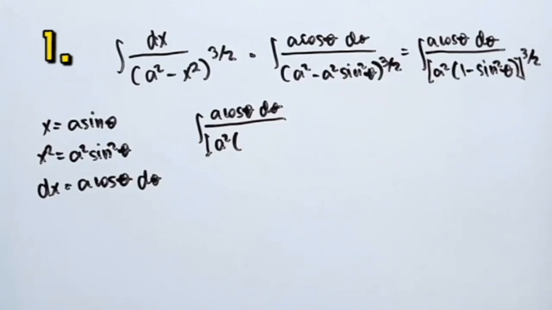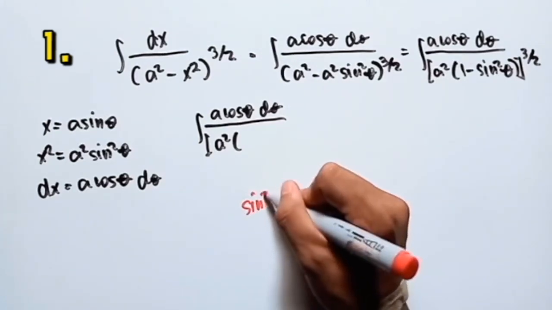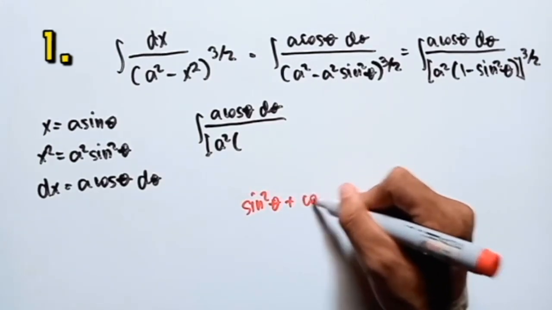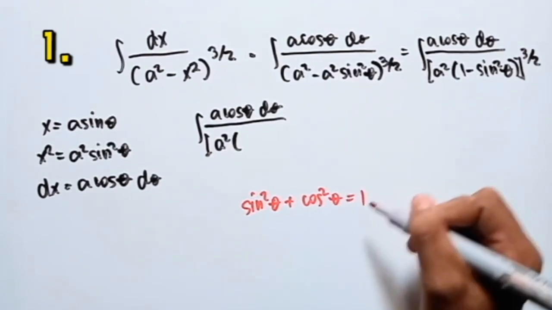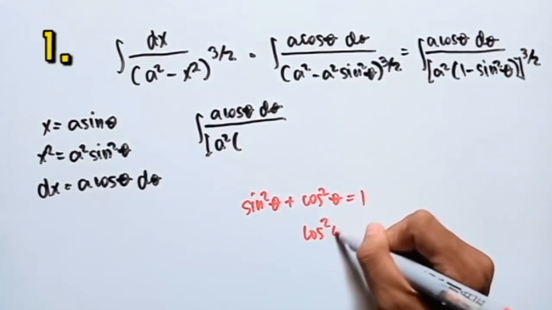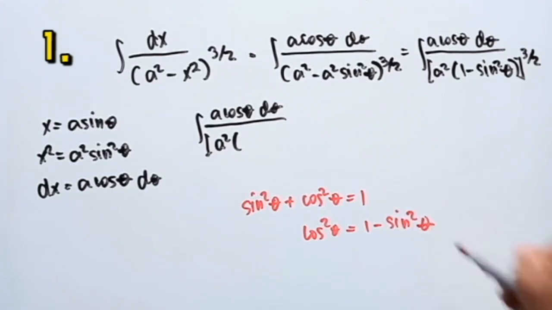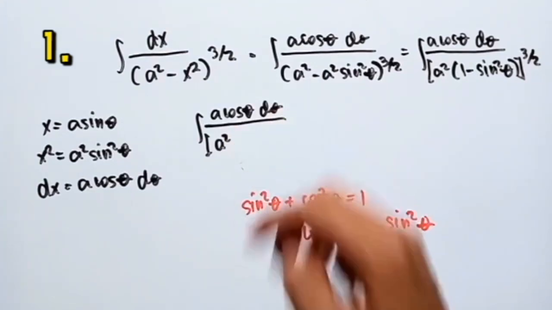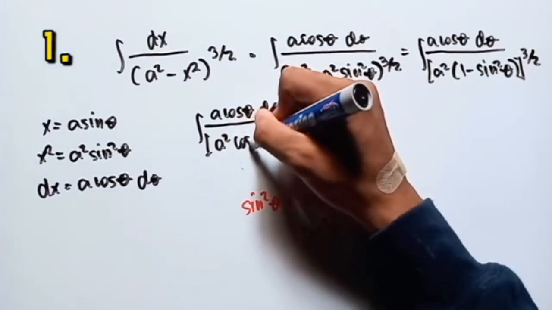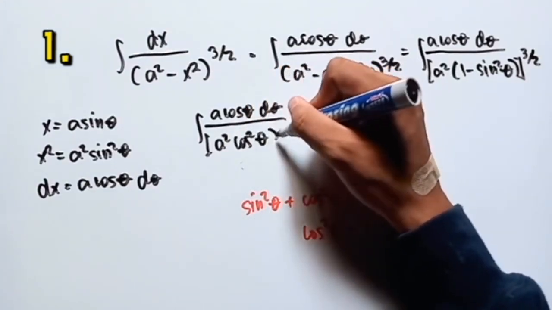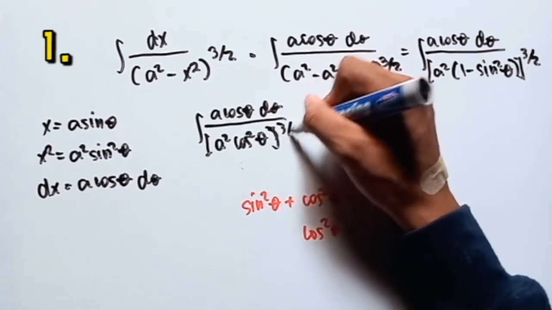If you remember the identity, sine squared theta plus cosine squared theta is equal to 1. So cosine squared theta is equal to 1 minus sine squared theta. So this is equal to cosine squared theta raised to 3 halves.